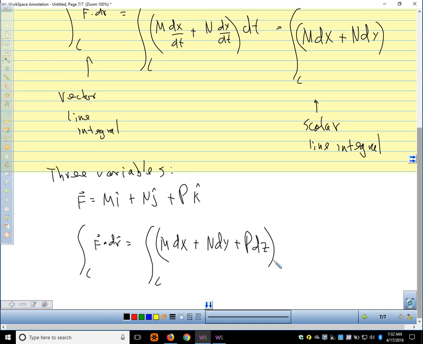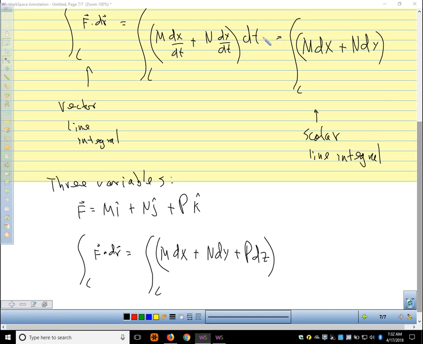We call these two forms the differential form of the vector line integral. So our vector line integral can be written in differential form as a sum of scalar line integrals. And we will see this notation quite a bit moving forward.